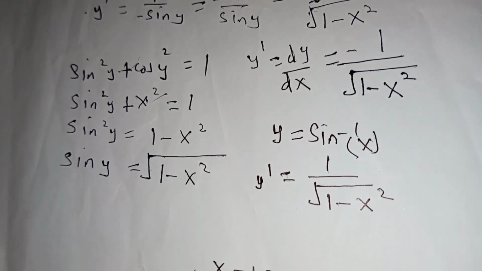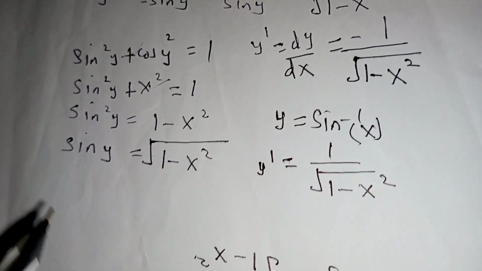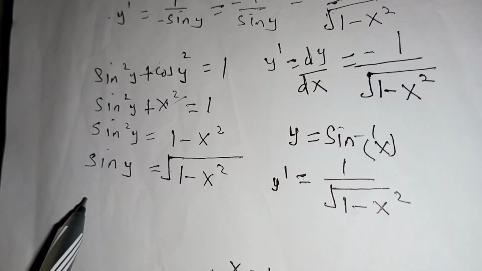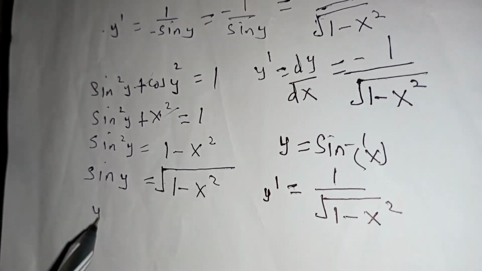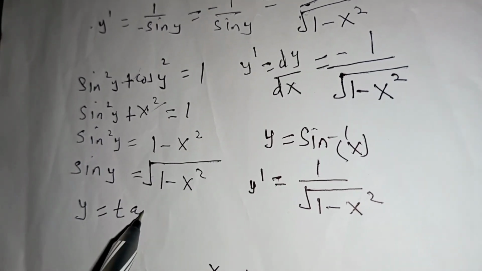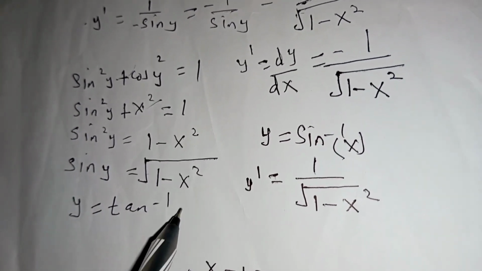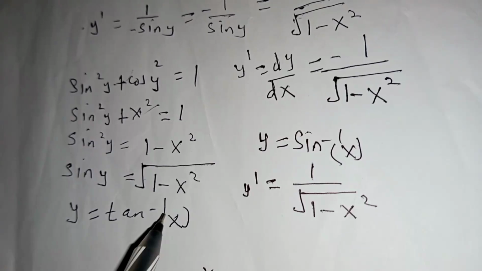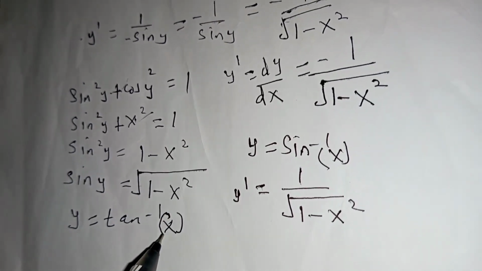And in the next video, we are going to find how you can obtain the derivative of the function tan inverse of x. That will be the focus of the next video.